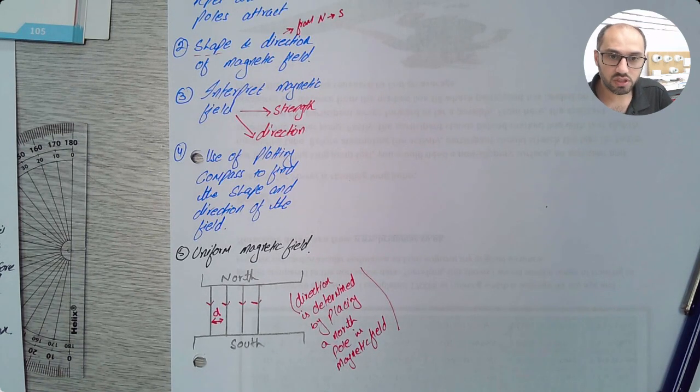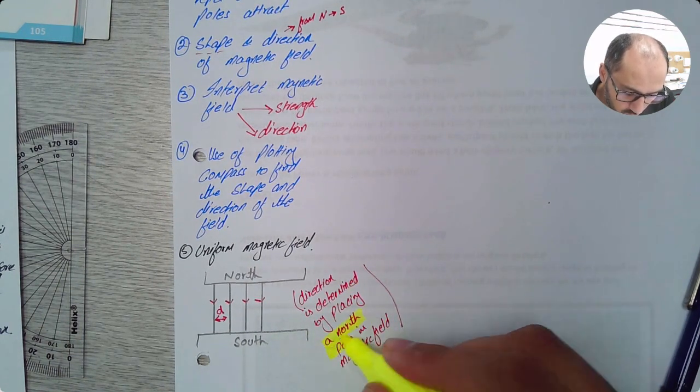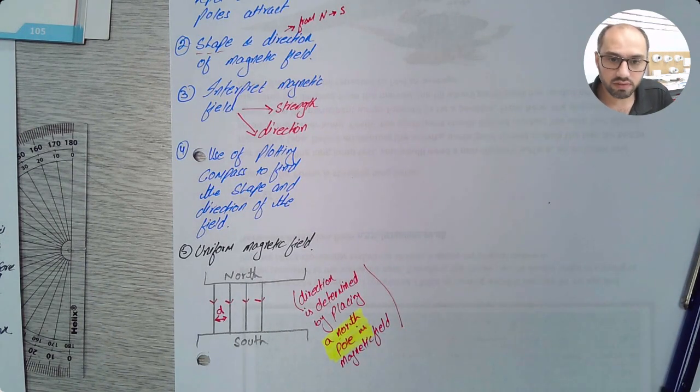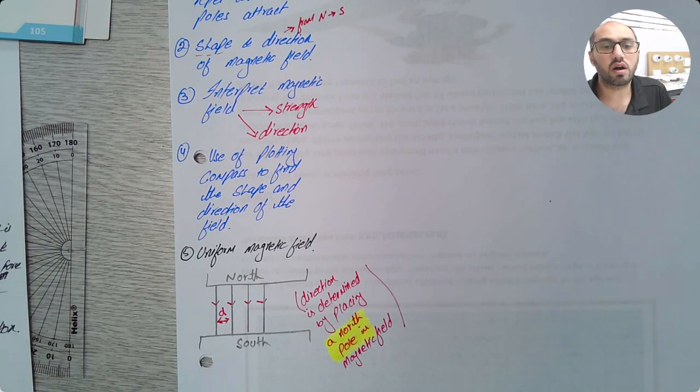If I have to determine the direction of the magnetic field, then I'll always use a north pole, and I'll place it in the magnetic field, and that will tell me the direction of the magnetic field. So in other words, the plotting compass is basically my north pole. When I place it in the magnetic field around a magnet, it shows me the direction experienced by the north pole.